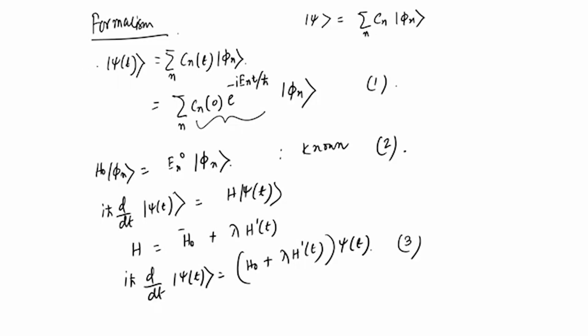So, if you take this ansatz and convert this equation into an equation for C n of t instead of psi of t, which is the same as the Schrodinger equation, just rewritten in that form, you have a summation over n and i h cross dC n/dt plus E n 0 C n of t.